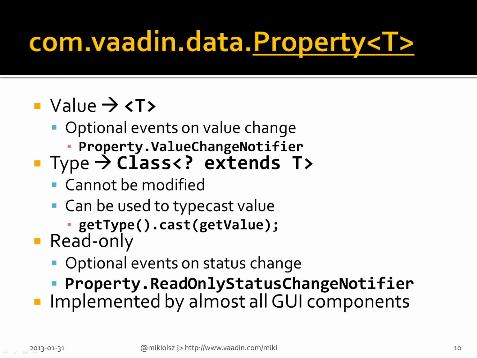Of course, your implementation may provide that, but the interface itself does not. You can use the information about the type of the property to typecast the value. And of course, the value itself is of that type, and there is support for events when the value is changed. So when one component in some place changes the value of the property, then all other components that might be interested in that can be notified.